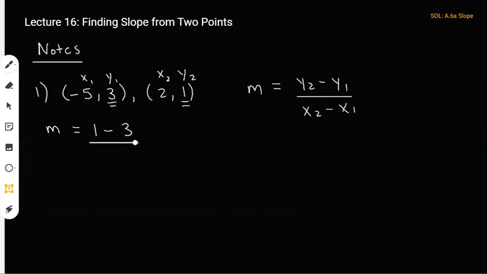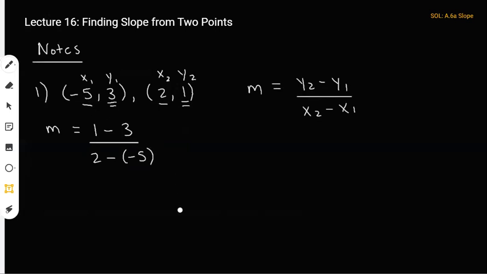So we always subtract the y values on top of the fraction. On the bottom of the fraction, we're going to have the x coordinates. We're going to take x2, which is just going to be 2, and then we're going to be subtracting a -5, because that's what the first x value is.